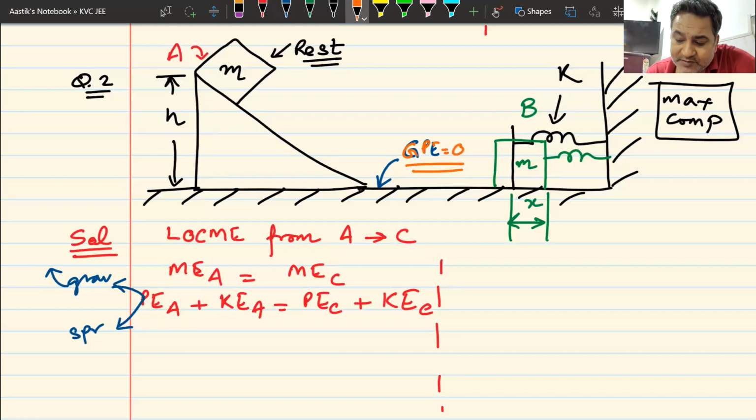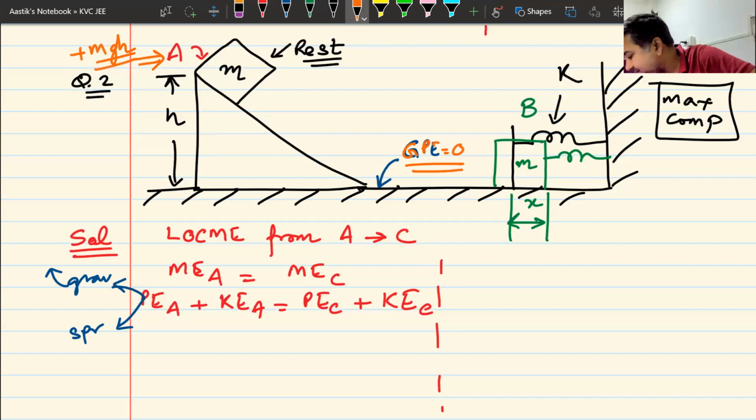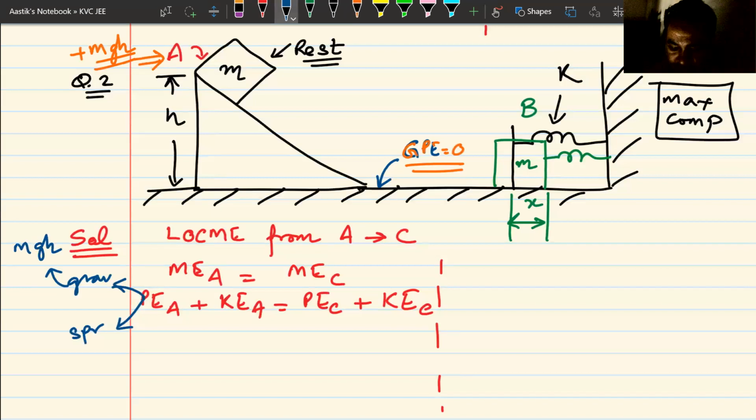If I take the gravitational potential energy of the ground as 0, the gravitational potential energy of point A becomes plus mgh. Do we all agree on this? So I'll just write here mgh with a positive sign.